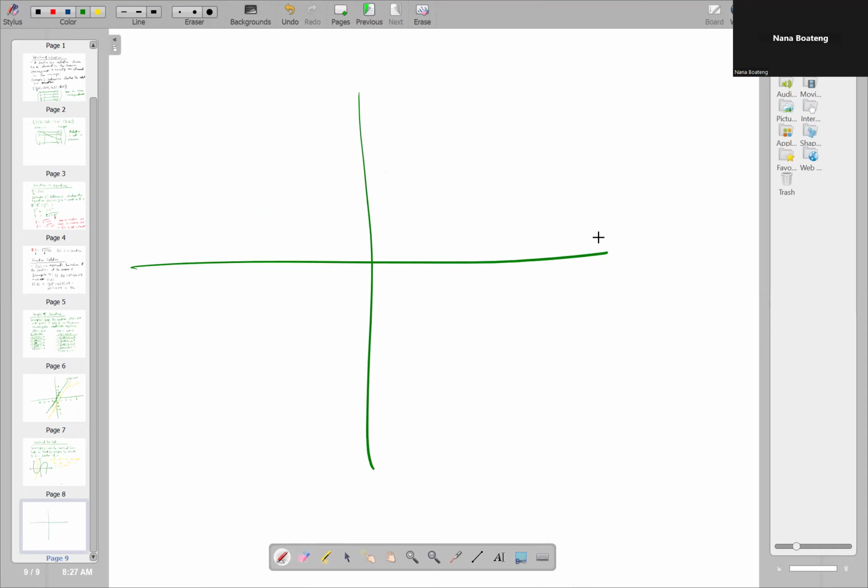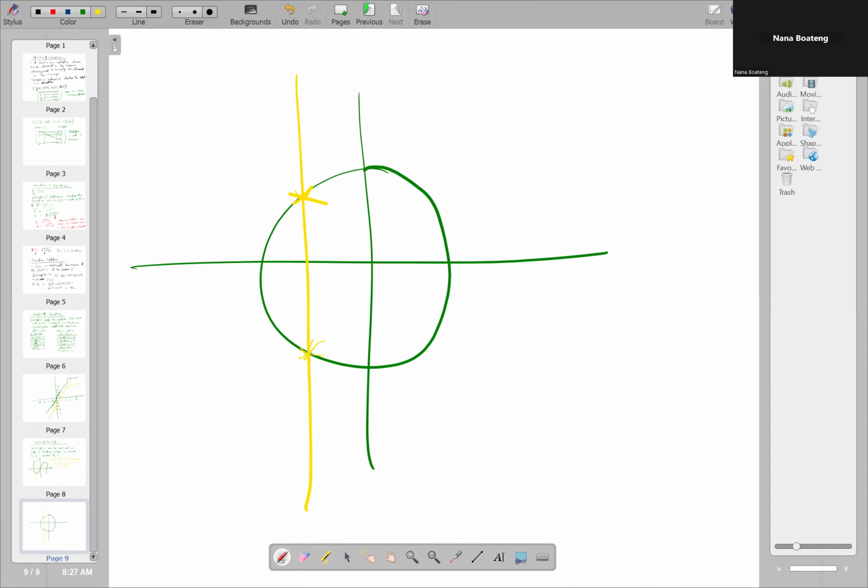Let's draw a vertical line through it. If you draw a vertical line through it, you can see that the line intersects this more than once.